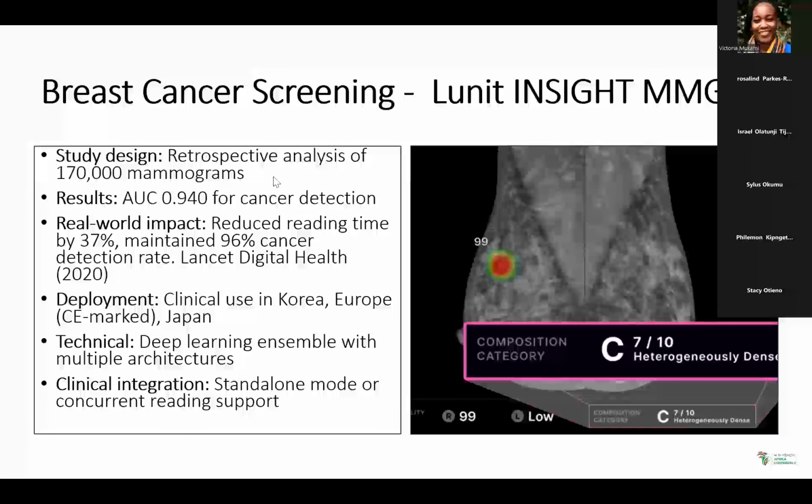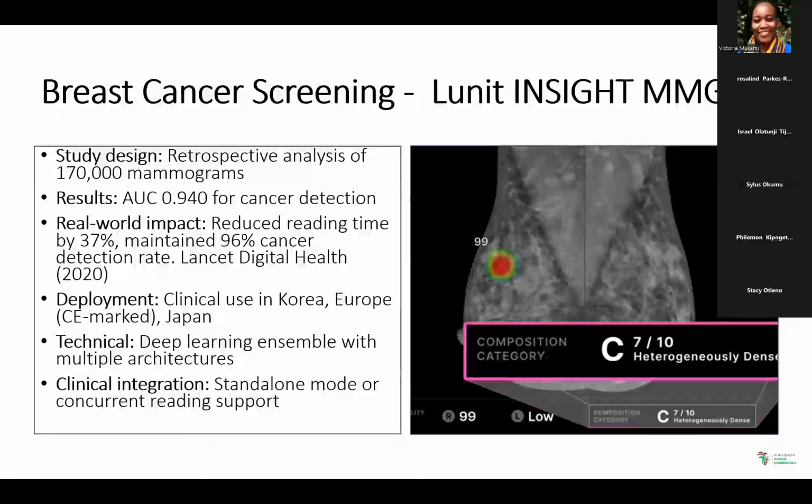So a retrospective analysis was done, analyzing nearly 200,000 mammograms, and it gave an area under the curve of 0.9. Then what they did, and we'll look at how they generated the evidence in a minute, is first look retrospectively at a load of mammograms and calculate the area under the curve.